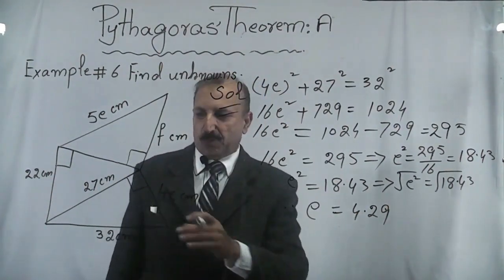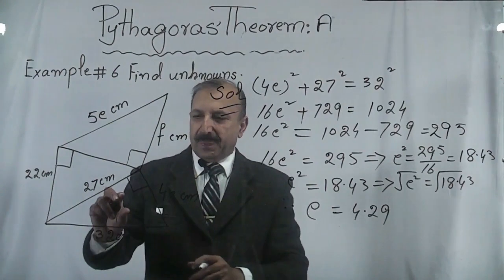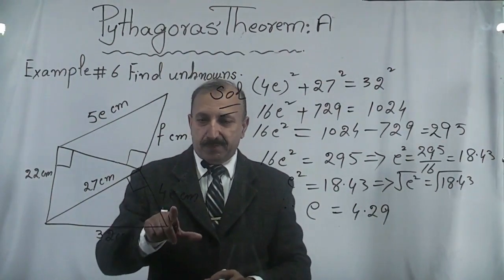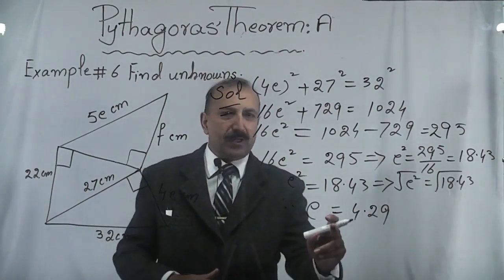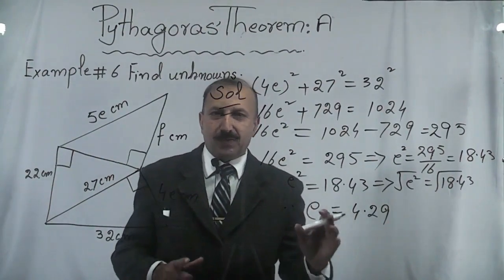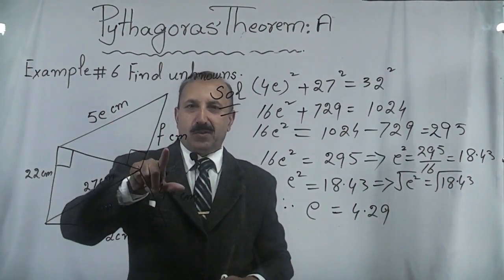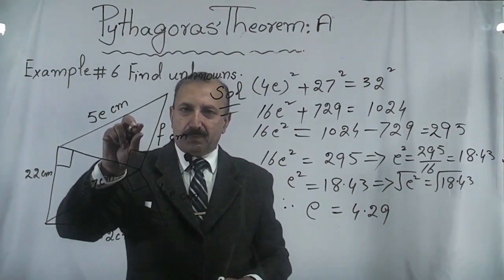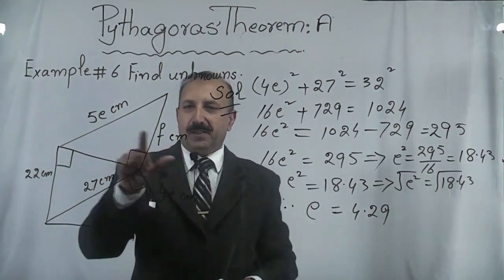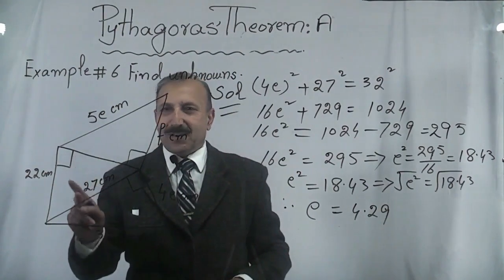It's one part, from this figure we are solving for e, and from this triangle we got the value of e. This value of e ultimately will help us in this final triangle to get the value of f.